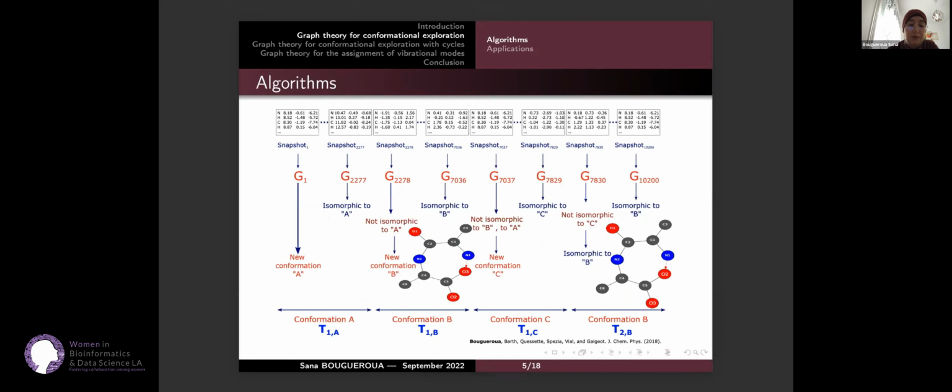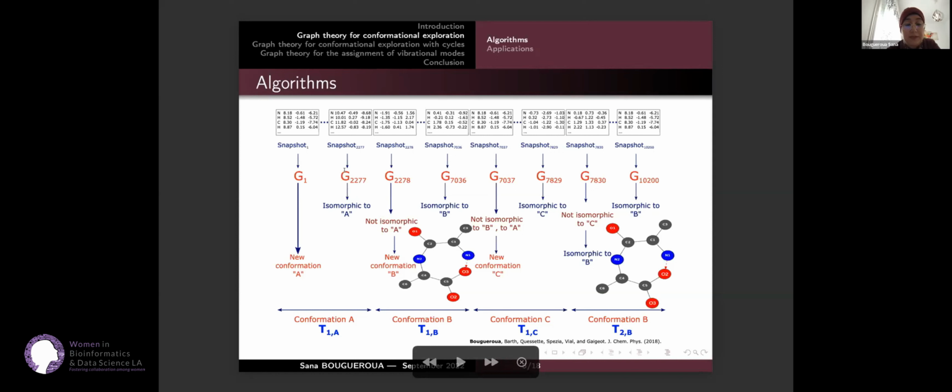Then with those, we compare whether we have isomorphic or non-isomorphic conformations. As input to our algorithm, we have the Cartesian coordinates along all the trajectories, the frames that we call snapshots, so we have a set of snapshots. For each snapshot, we construct the 2D graph based on distances and angles to define the different types of bonds. And then we apply the isomorphism test.